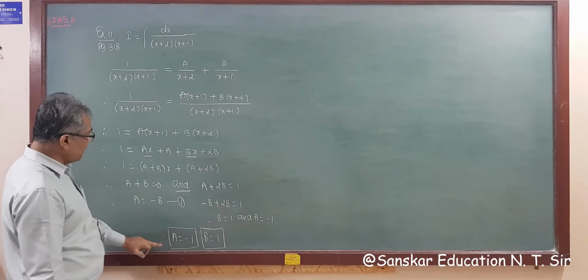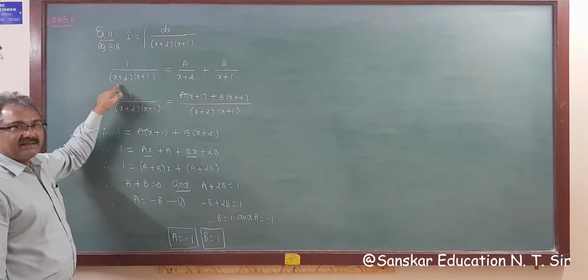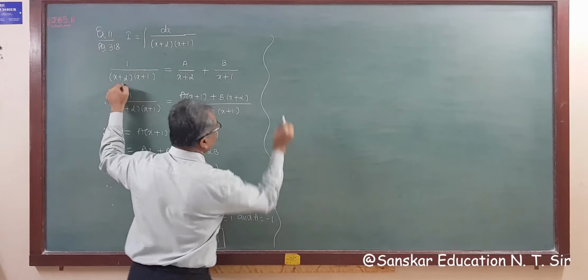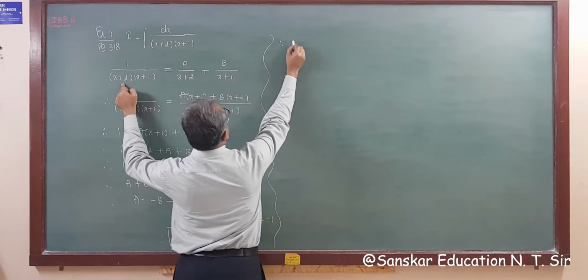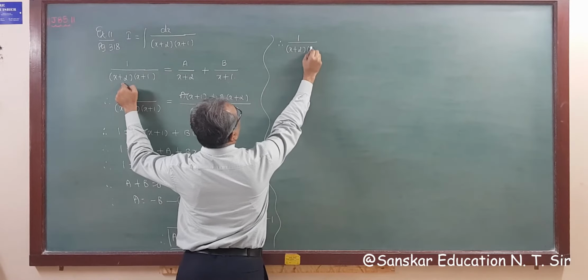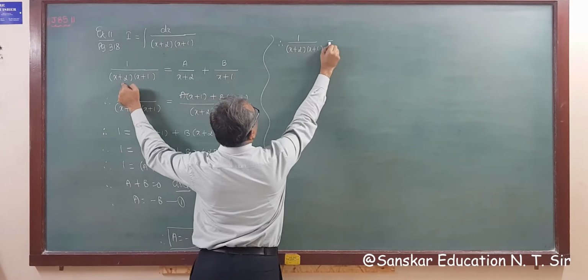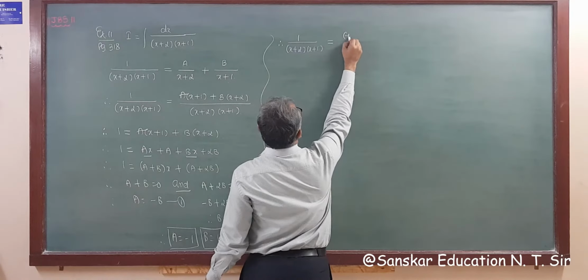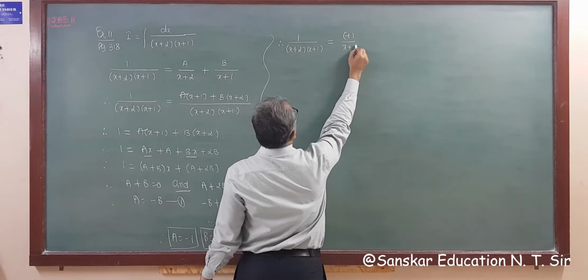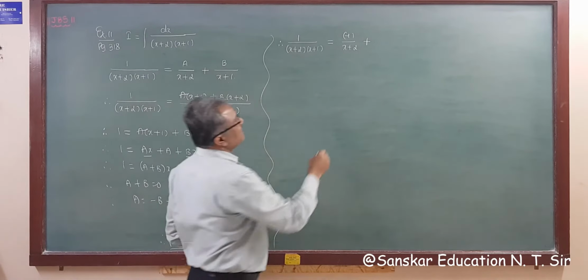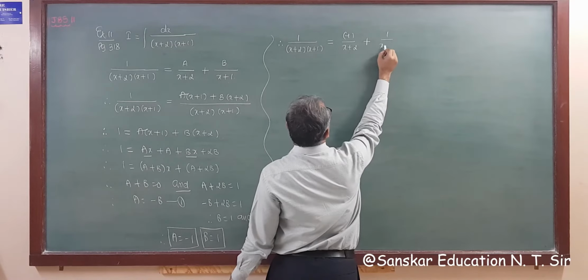So now substituting this a and b in this equation, what we get? Therefore, 1 upon x plus 2 into x plus 1 is equal to a, a is minus 1, so minus 1 upon x plus 2 plus b, b is 1, that is 1 upon x plus 1.